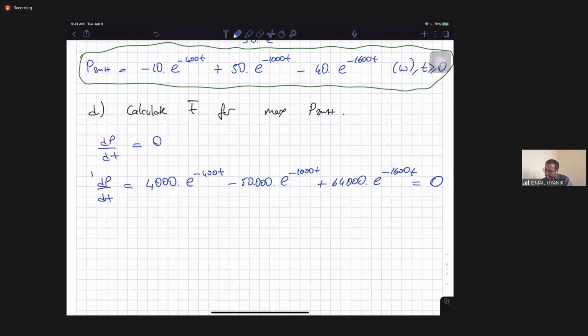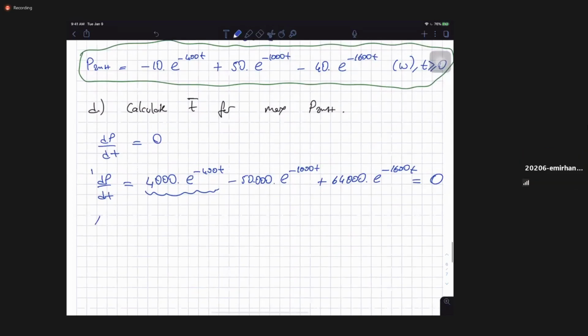Okay, so since we are equating to 0, I will try to find some common terms that I can play with. So what common terms can I factor out? So for example, I can directly get rid of this term by extracting this term from the other guys. So I will just say maybe 4,000 times e to the minus 400t. In parentheses, I will be having 1.